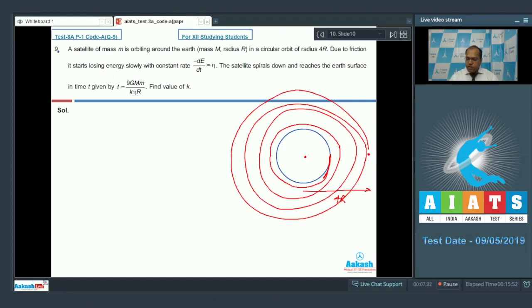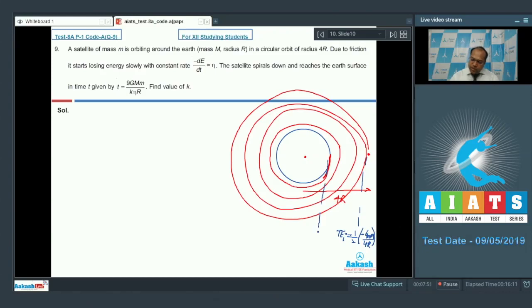In the initial state, the total energy of the satellite is potential energy by 2, which can be written as 1 by 2 of minus capital G small m capital M by 4R.